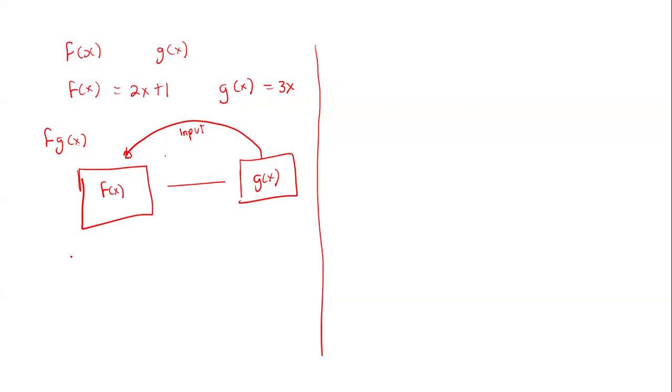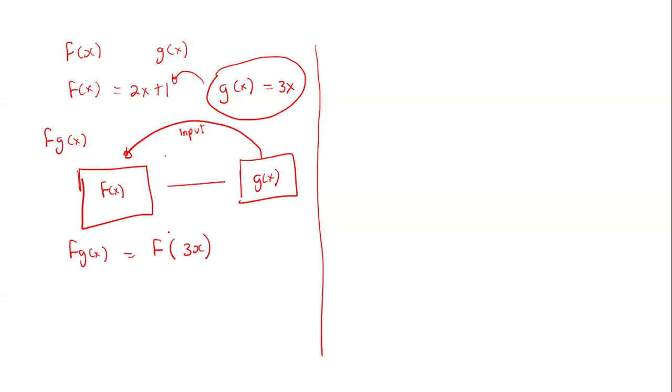So when we say find f g of x, it means that g of x is going to be the input for f of x. In other words, first get g of x, the answer you get, put it in f of x. So here it means that I'll have f of g of x, which is 3x.